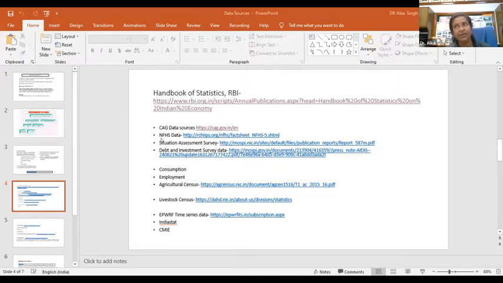Nowadays, much of the research interest is going towards documenting undernutrition, malnutrition, or poverty estimates. So these data are quite helpful.